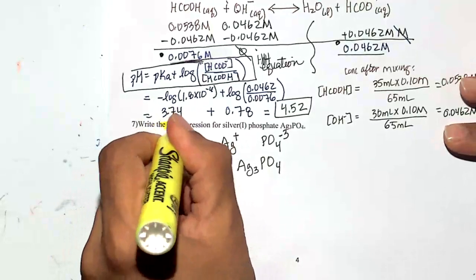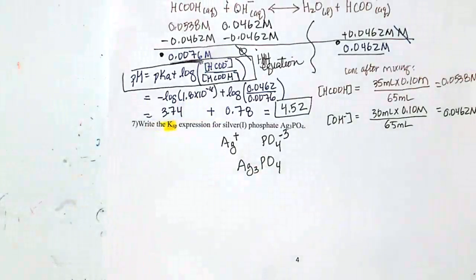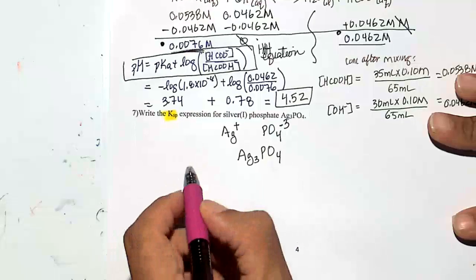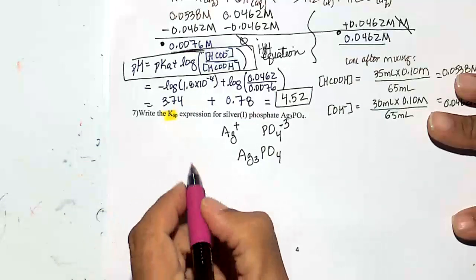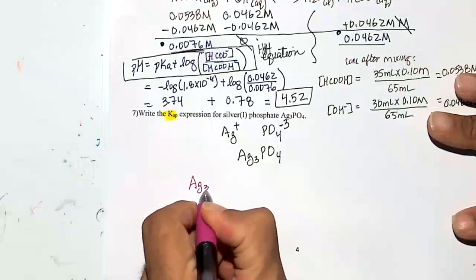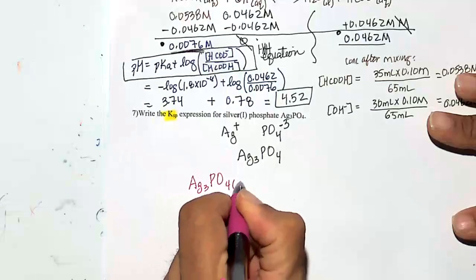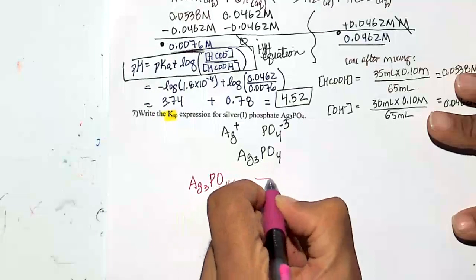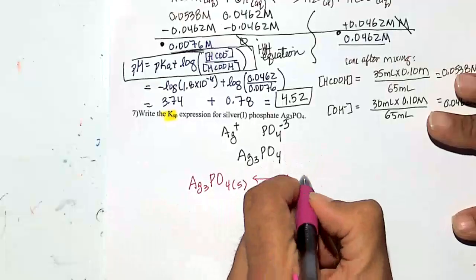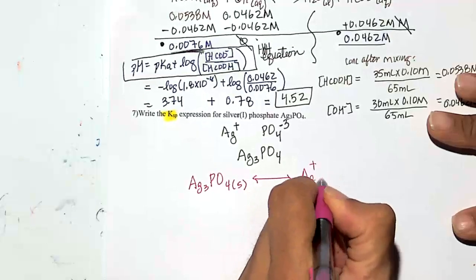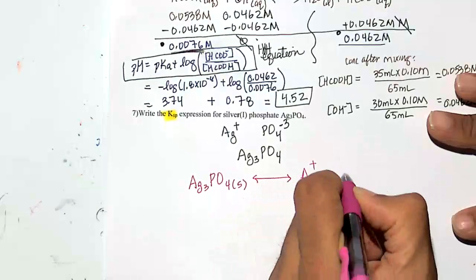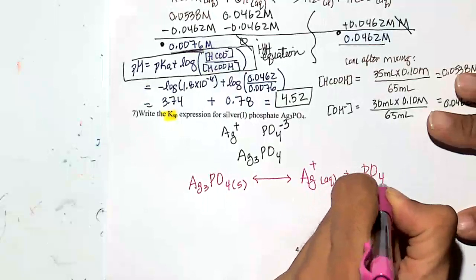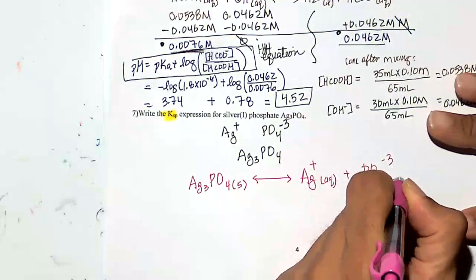So anytime you see Ksp, we are going to take the solid and break it down into its ions. So this will break down into Ag+ and PO4 3- aqueous.